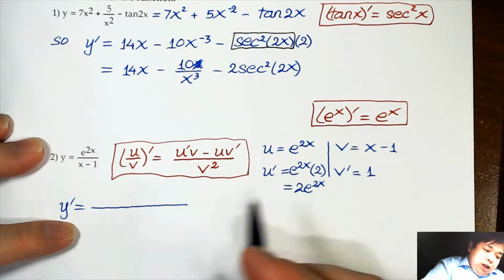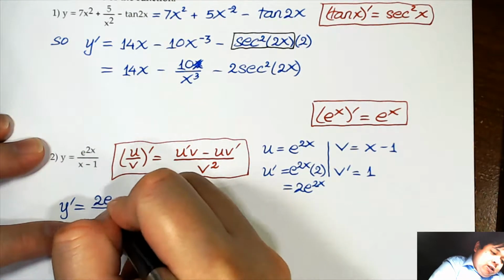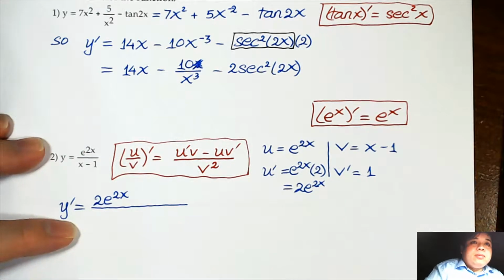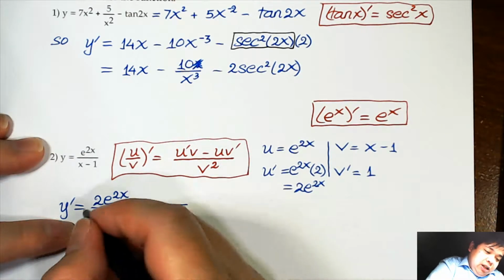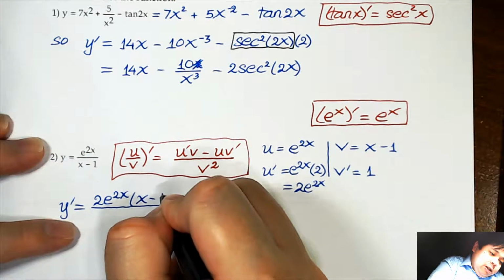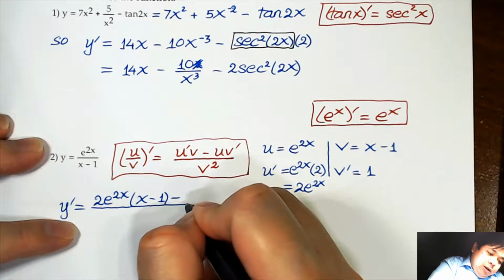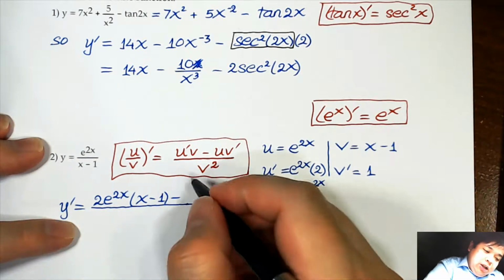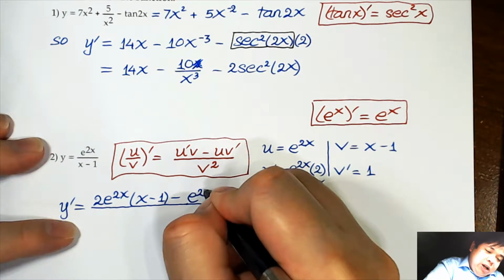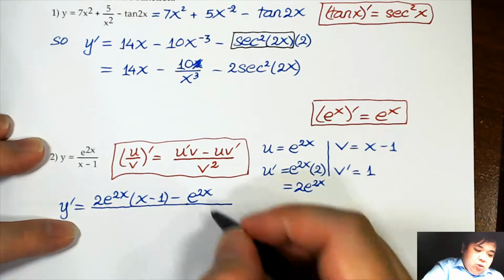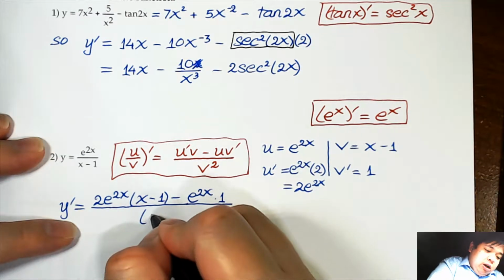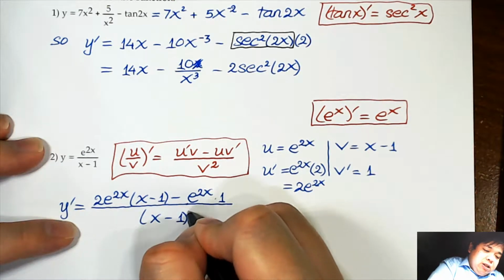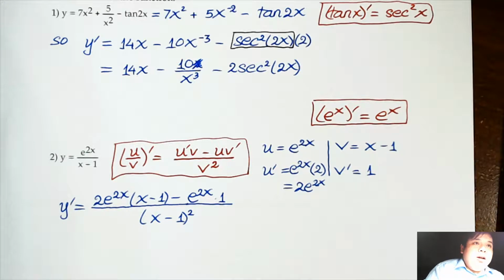U prime is 2e to the 2x, times v, x minus 1, minus u, e to the 2x, times v prime is 1, over v squared, x minus 1 squared. Right, just multiply it out and then simplify.